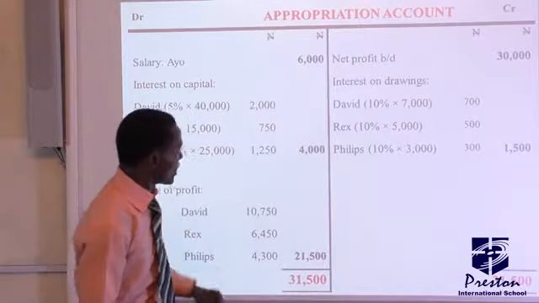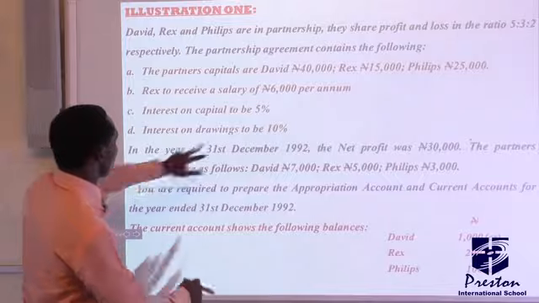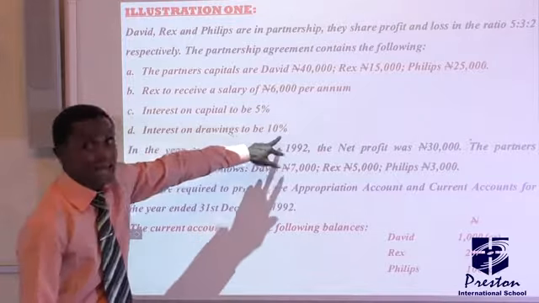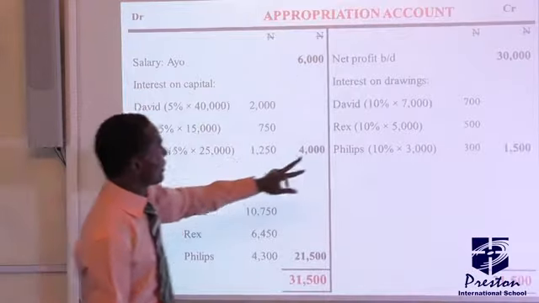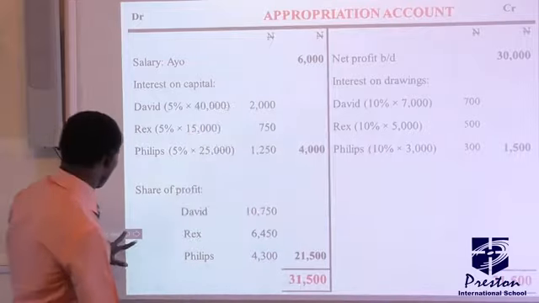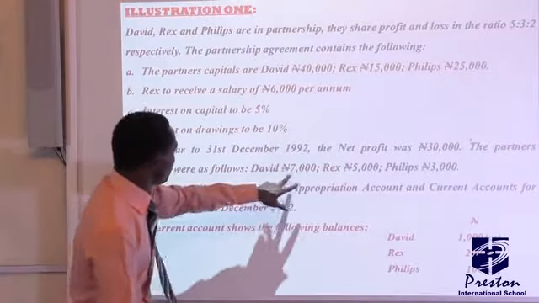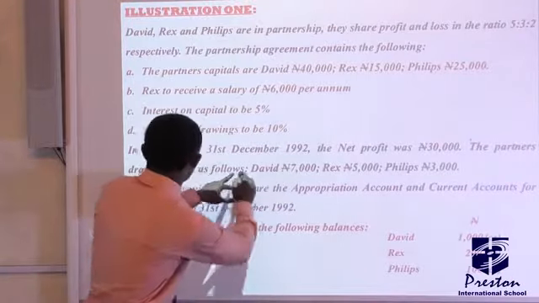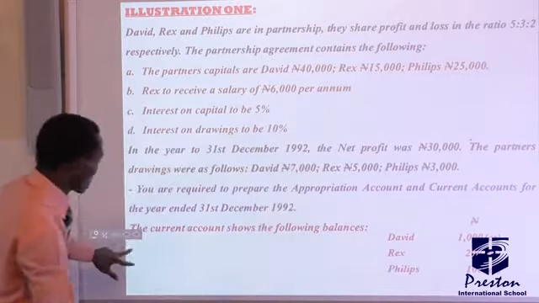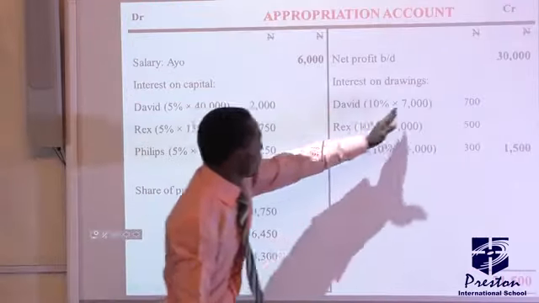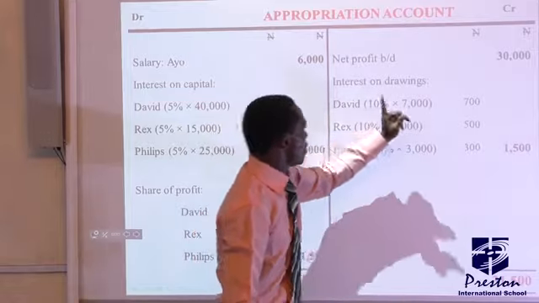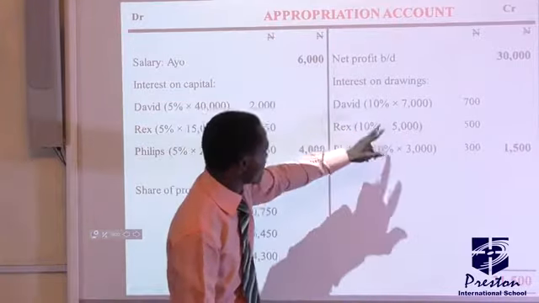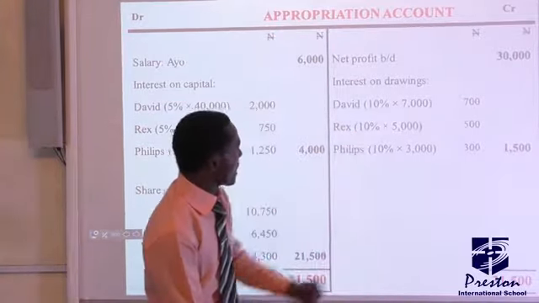Remember, we were told to calculate interest on drawings at 10% of the drawings made. These are the drawings: 7,000, 5,000, and 3,000 respectively. So 10% of 7,000 naira gives us 700.